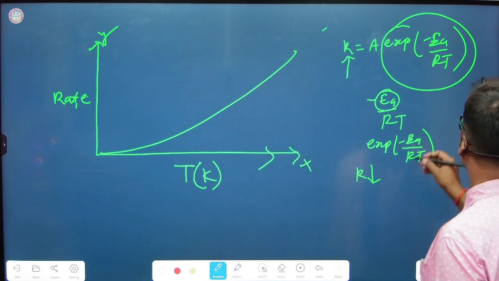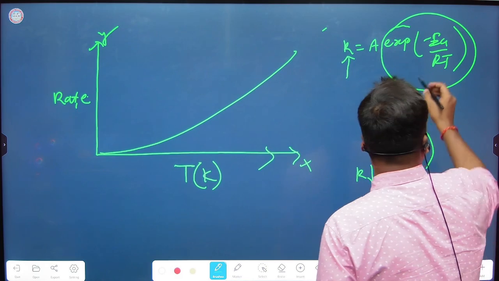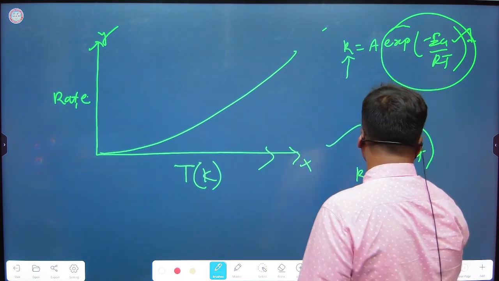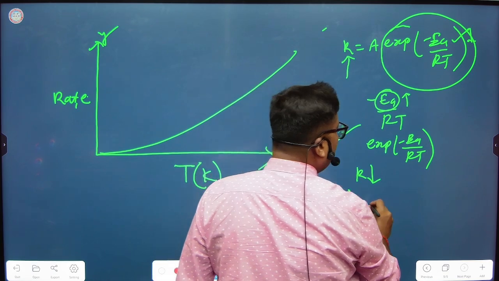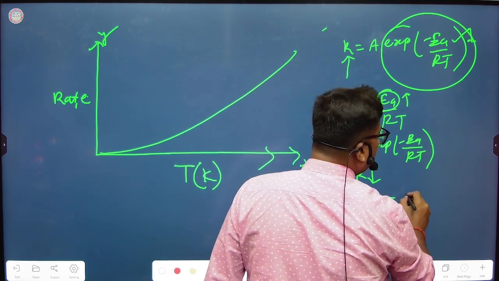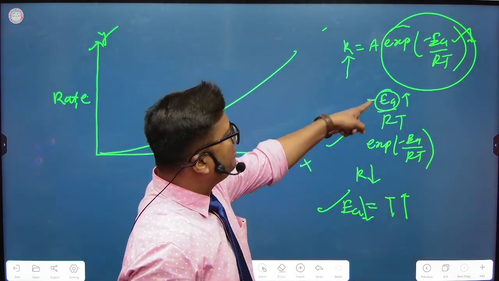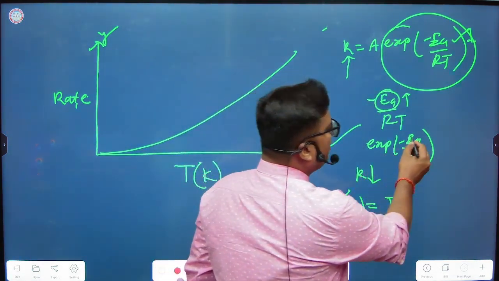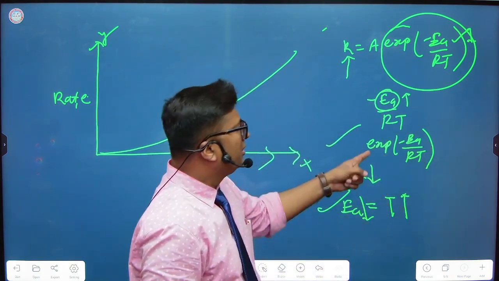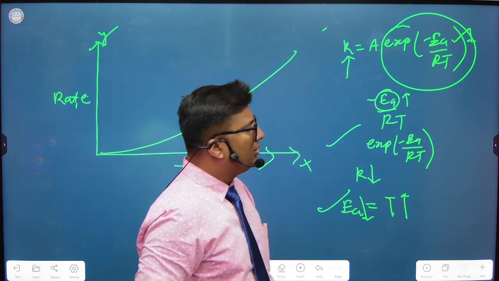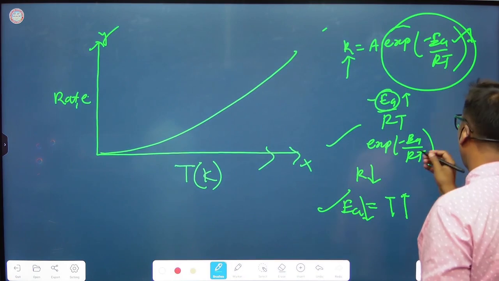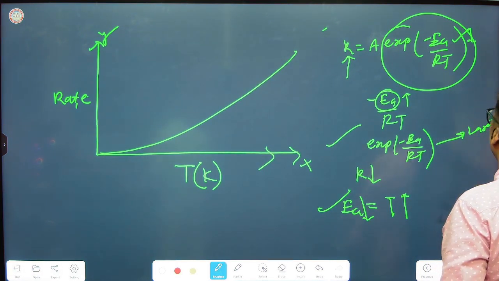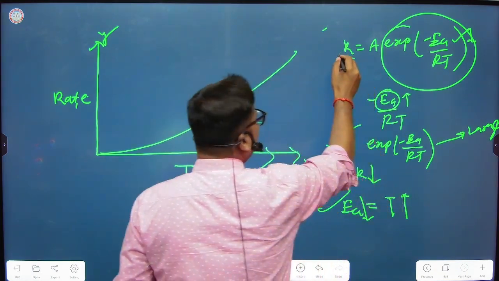In the second case, if the activation energy EA is low and the absolute temperature is high, then the value of this exponential will be large, and that indicates enhancement in the rate constant.